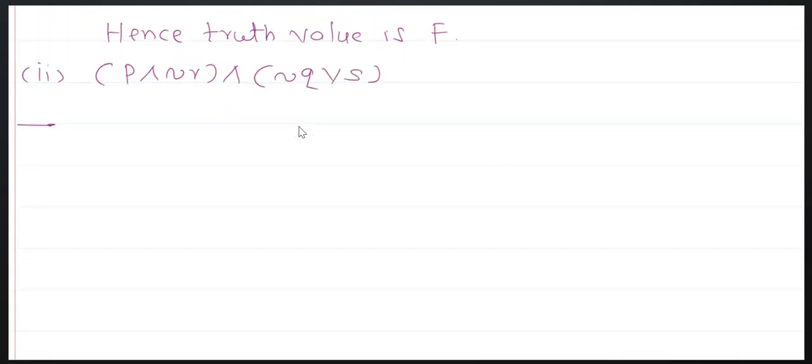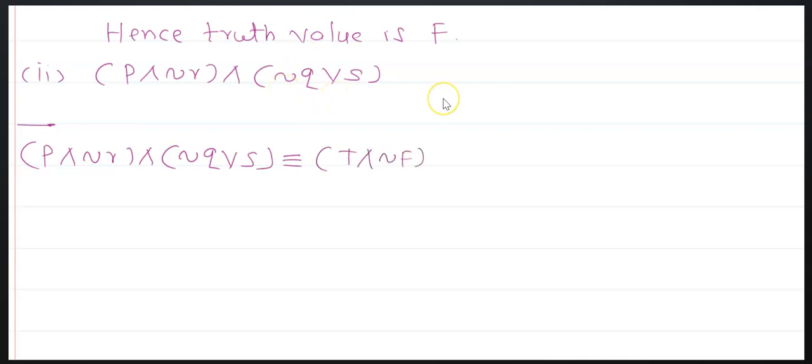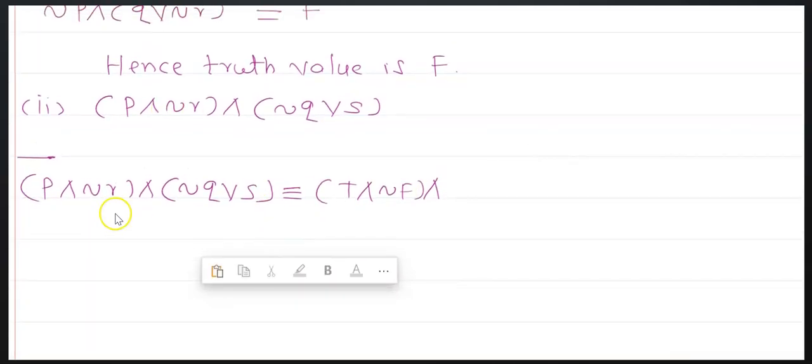Next is P and negation of R and negation of Q or S. Now this P is T, R is F, therefore T and negation of F. And what about the Q?